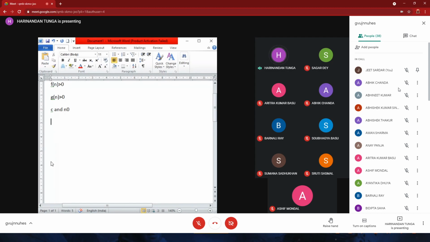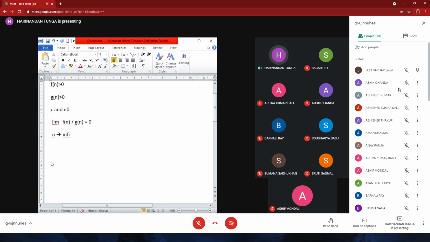What is the condition of the little o? Fn and Gn are two positive real functions, C and n0 are two constants, with C greater than 0 and n0 greater than or equal to 1, such that the limit of Fn, the numerator, divided by Gn equals 0, where n tends to infinity.